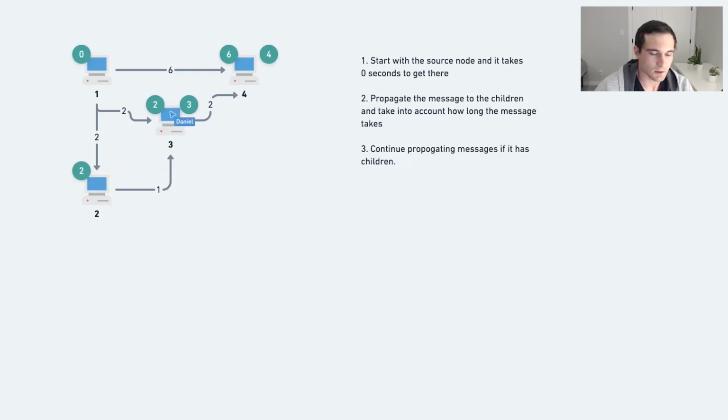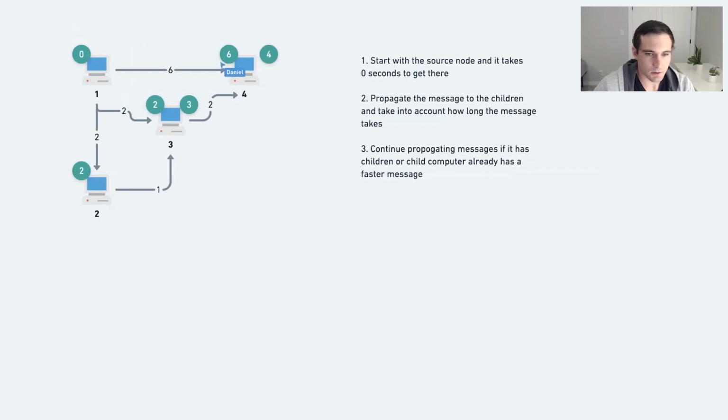So I think this might be another case where we want to stop sending the message out, and that would be if a child computer already has a faster message. There's a couple reasons we wouldn't want to keep sending the message.